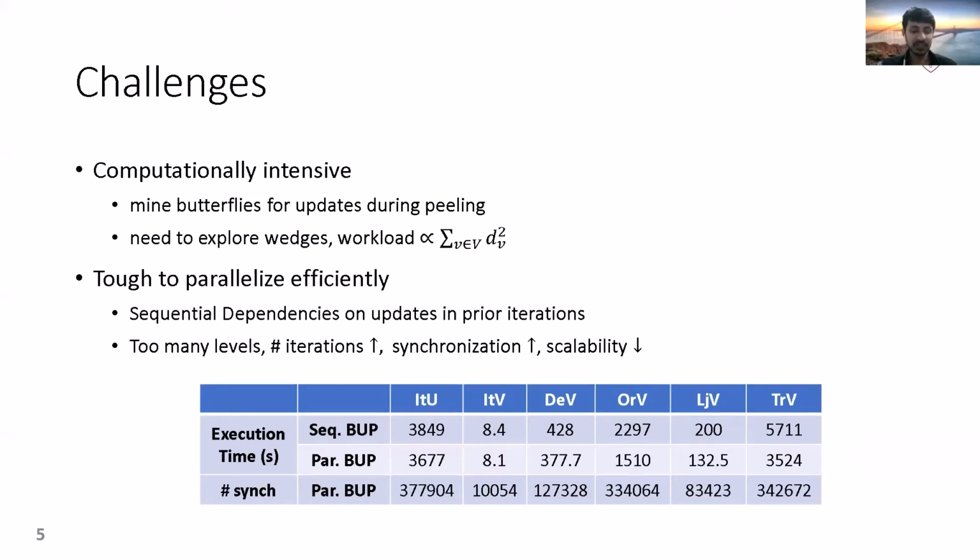You have to synchronize after each iteration, resulting in a huge amount of synchronization and poor parallel scalability. For example, in this table, you can see that the parallel version of bottom-up peeling running on 36 cores hardly achieves 2x speedup on maybe one of the data sets over the sequential version of bottom-up peeling.